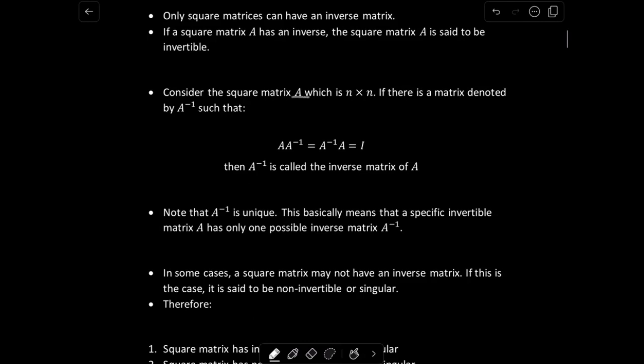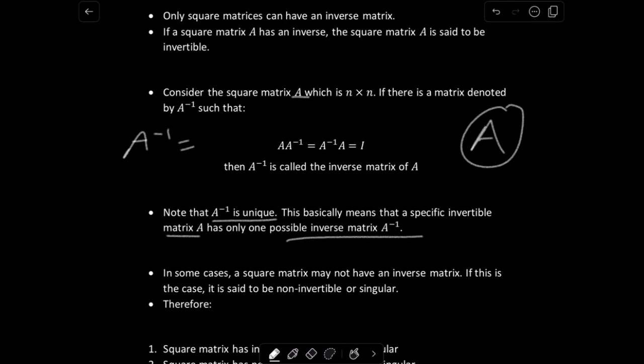Note that the inverse matrix A is unique. This basically means that a specific invertible matrix A only has one possible inverse matrix. If I give you a certain matrix A, it's only going to have one possible inverse. Let's say the inverse, and I'll show you how to get the inverse in a while, I'm just making stuff up, is 2, 5, 3, 1.